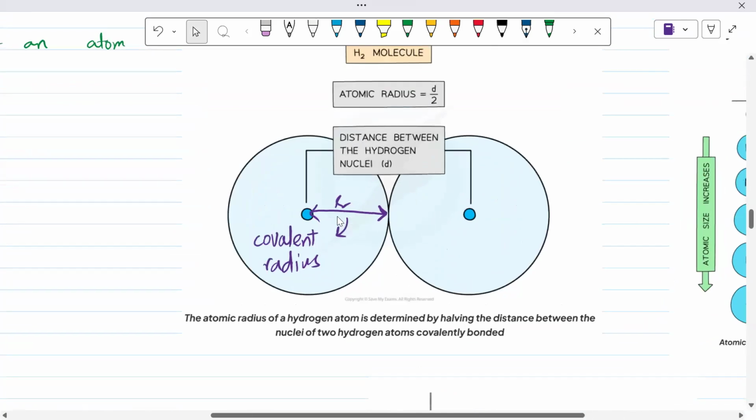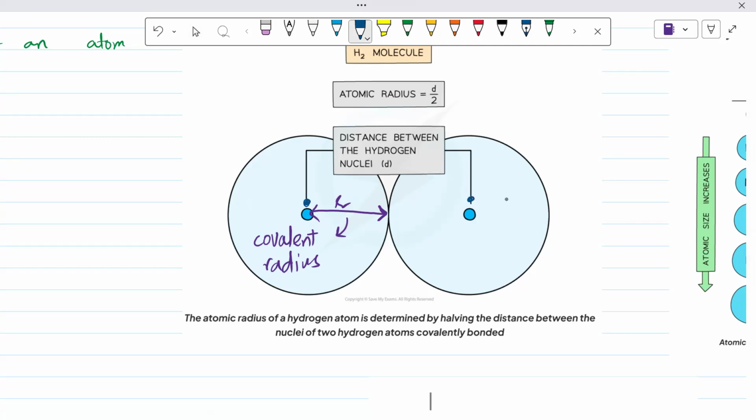These are two hydrogen atoms, and this is the center of one hydrogen atom, and this is the center of the second hydrogen atom. So there will be a distance between the two hydrogen atoms, from this center till this.